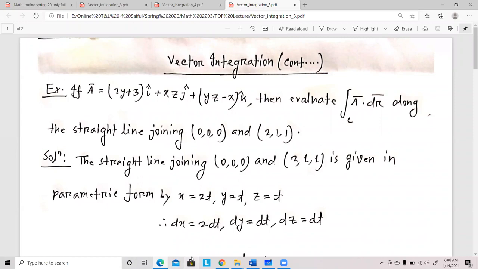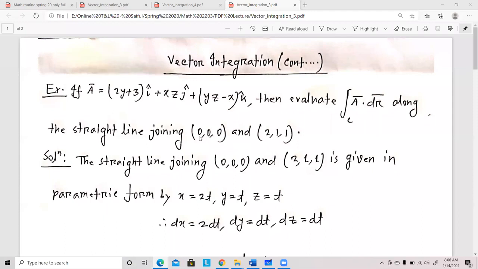So at first we have to convert that line integral into a single variable integral. So at first we have to generate the parametric equation.